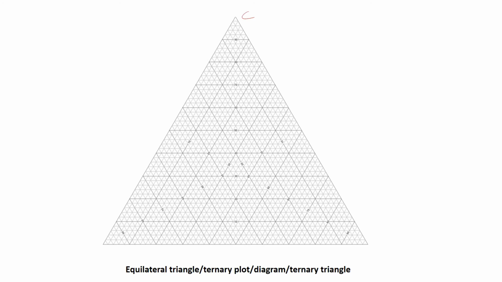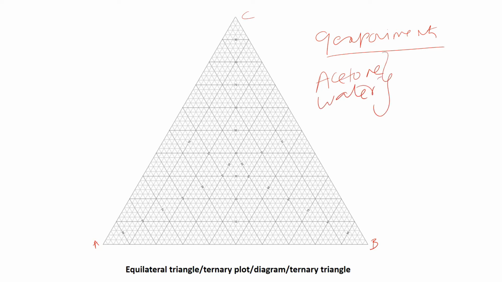So, CAB. Just assume we did 9 experiments in the lab with a feed solution that contains acetone and water. And then we are going to use isopropyl ether, I think, as your solvent.